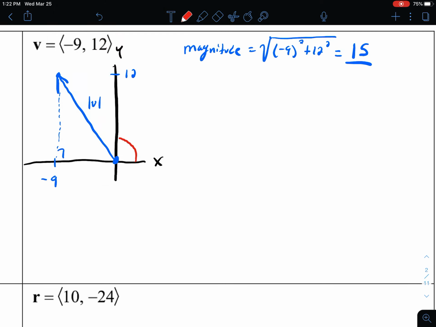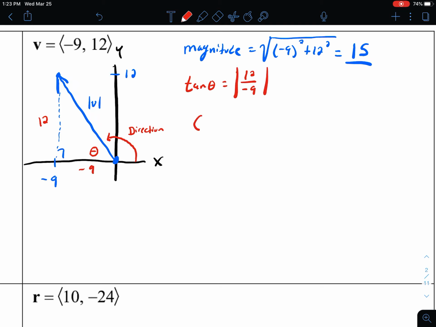Now, my direction angle here, see the direction angle is the angle I'd rotate off the x-axis, again in the counterclockwise direction. So to find that, we need to first find the angle that vector makes with the x-axis that it's closest to. So we would say tangent of theta is equal to opposite 12 over adjacent -9.